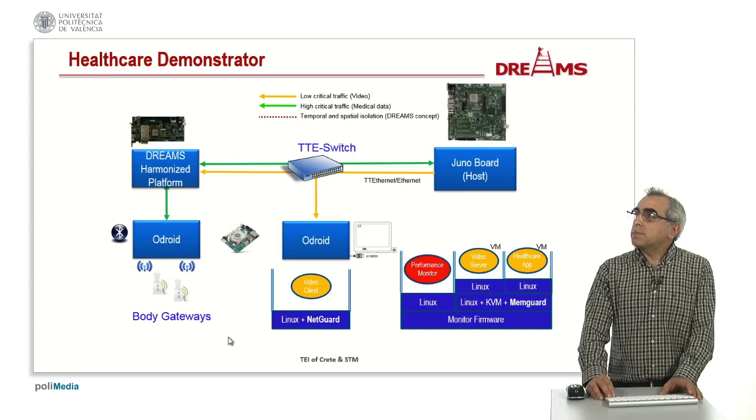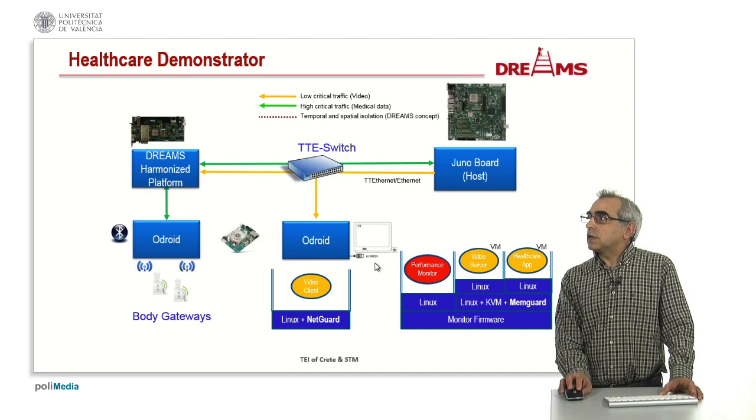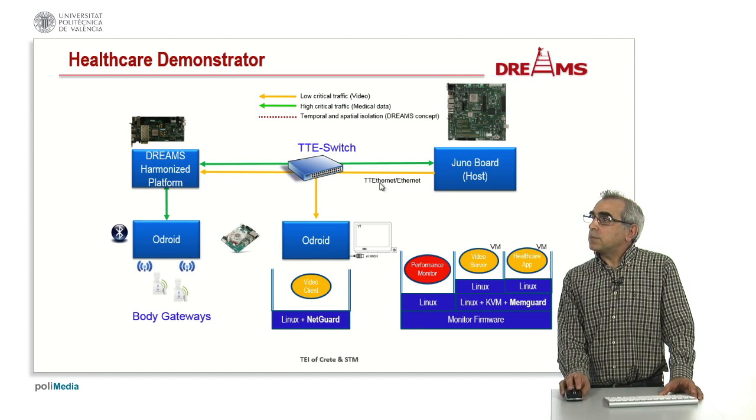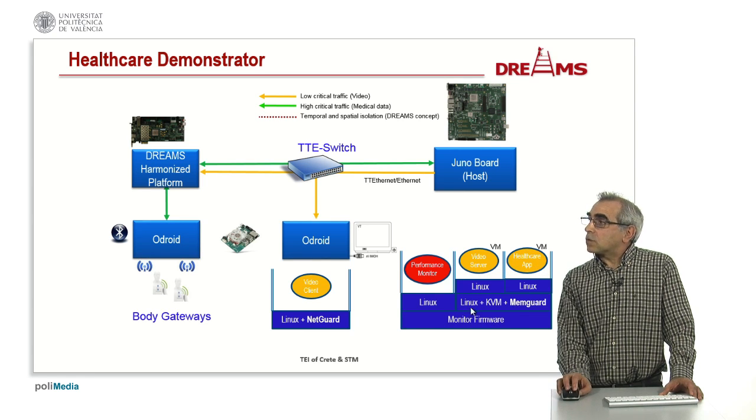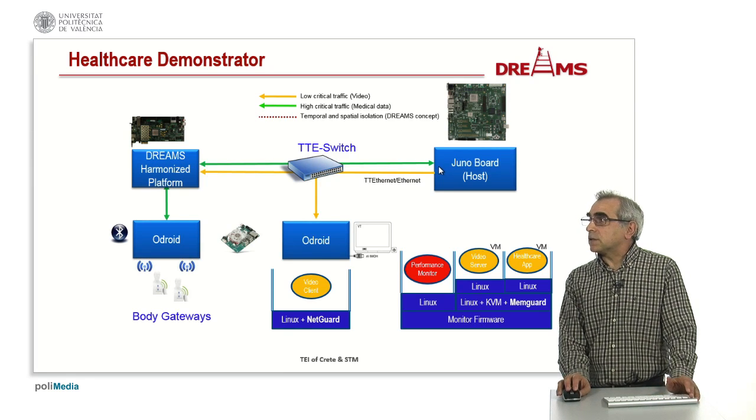In particular, this environment could include a server, which would be a Juno board, a harmonized platform, which includes the Odroid, which is receiving the signals from the body gateway devices. These data will be moved to the Juno board, where we will have the healthcare app running within a particular VM, which will be able to do all the analysis in time-triggered fashion.